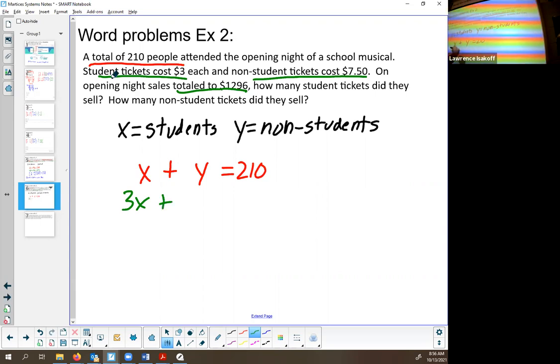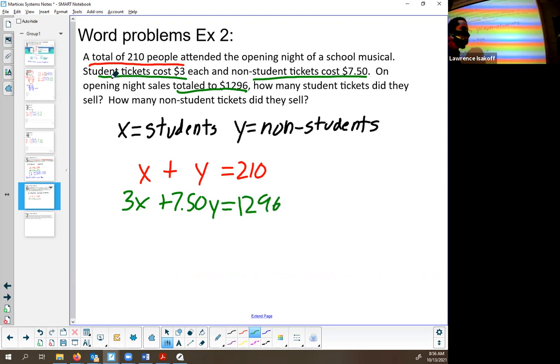Plus, okay. Yes, keep it as that decimal, 7.50, equals 1,296. Yep. So all I did was make an equation for the total people showing up, then an equation for the money.